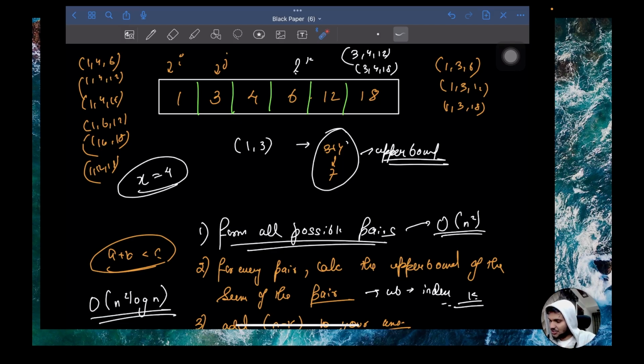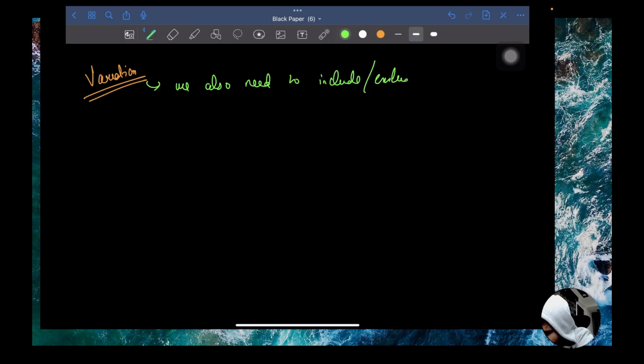And then there is one variation. We also need to include or exclude degenerate triangles, right?